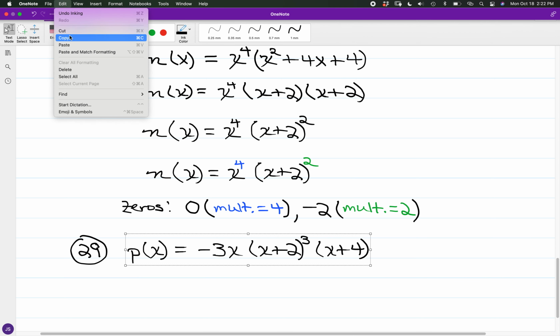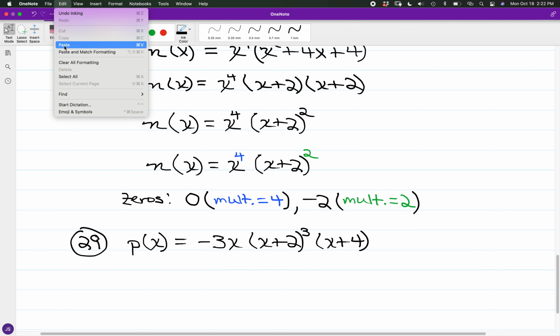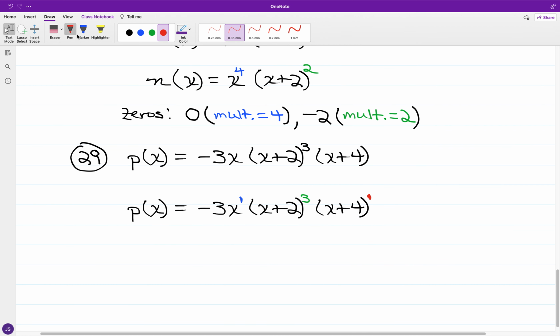Okay, so this is the factored form, and if I rewrite this, just stressing the degrees, and in effect the multiplicities. Okay, so I'm going to have for -3x, that's like -3 times x to the first, and already have the cube of x plus 2, and for x plus 4, again, no explicit power given, so we just read this as if it were the first degree of x plus 4.